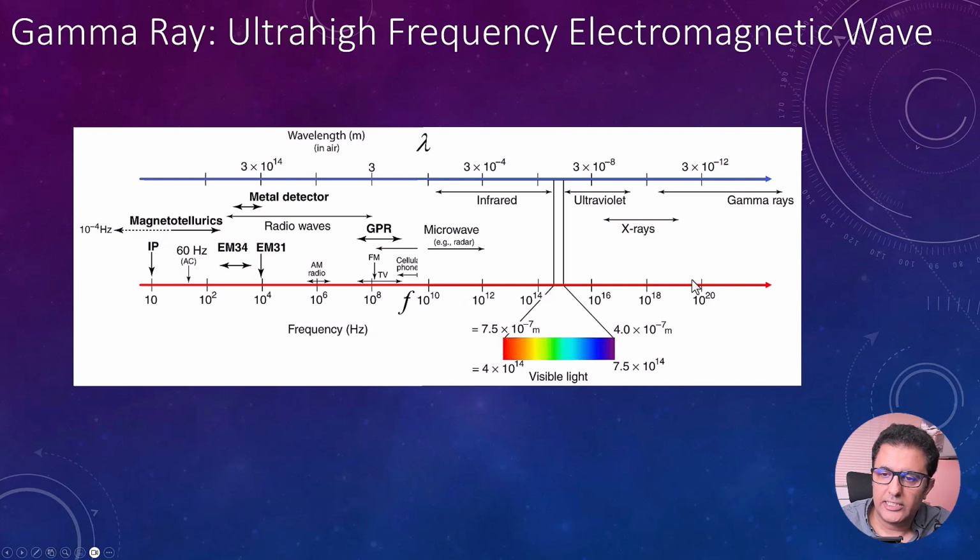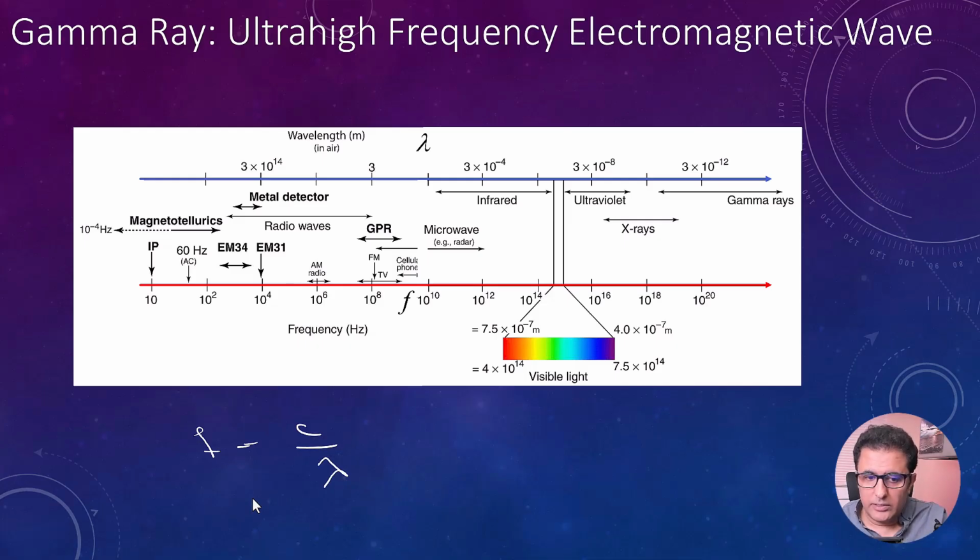So if you look here, gamma ray is a kind of high frequency electromagnetic wave. The red arrow corresponds to the frequency, and the blue arrow corresponds to the wavelength. And we know that the frequency is linked to the wavelength using this equation for electromagnetic waves, where C is the speed of light and lambda is wavelength.